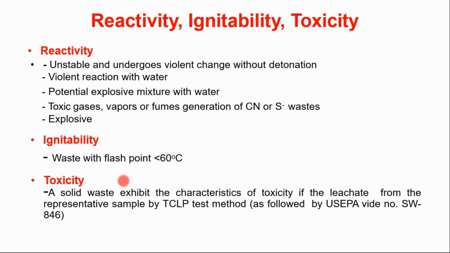So if the toxicity is at a severe level, then we have to avoid, isolate, or adopt a special treatment for these toxic substances. For that purpose, we can refer to the US EPA guidelines, or the IS guidelines for testing these types of substances.